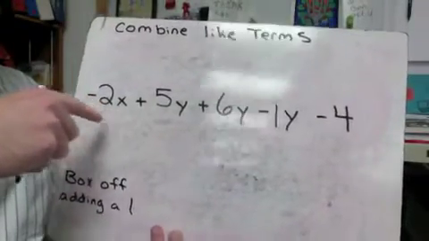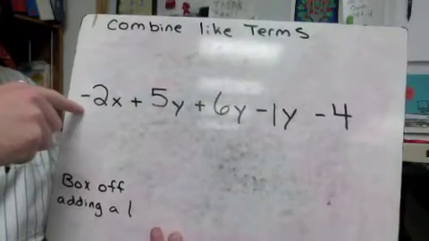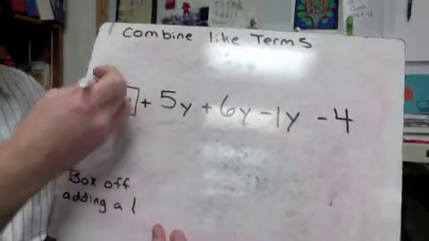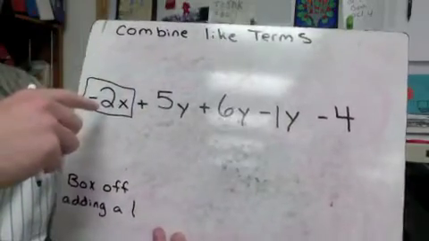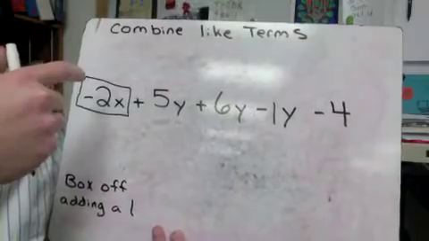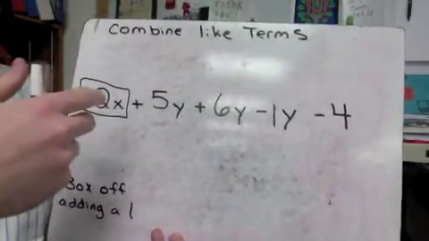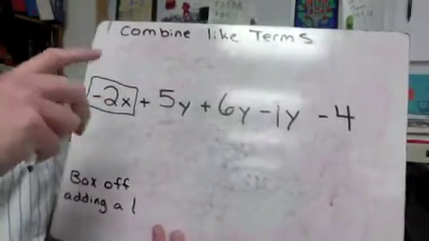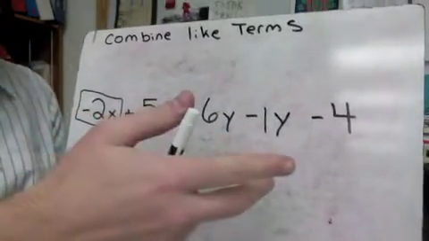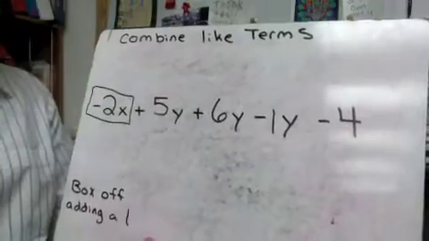So I've got my 2x and I've got a negative sign, or a minus sign, in front of it. I am going to put a box around that. When we get done with it, this is just going to help us, so all we really have to do is add things together, which I think is pretty helpful. I'm going to find something else that's an x in here, and if I look through here, there's nothing else that's an x. So I'm going to move to my y's.